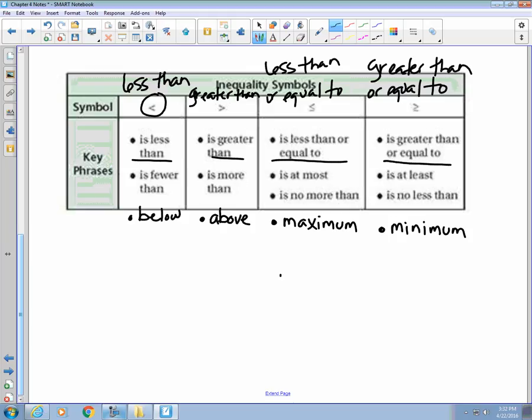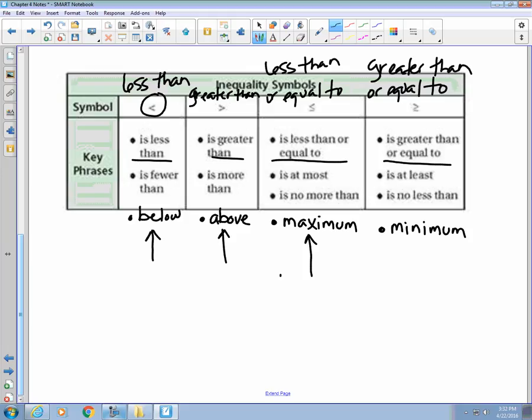But some other common phrases that you might see that mean the same thing as those. Less than might mean the same as fewer than, or also below also means less than. Greater than can also be written as is more than or above. Less than or equal to can also be written as is at most, is no more than, or you might see the word maximum to represent is less than or equal to.